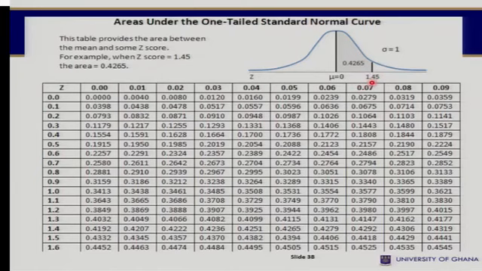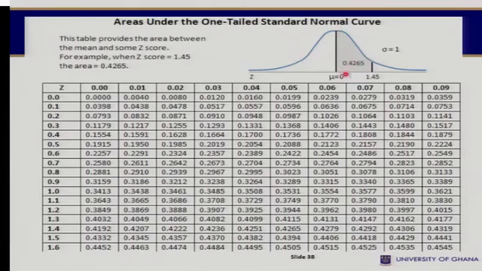So it tells you that the area under the curve, which is shaded, from z equal to 0 to z equal to 1.45 is equal to 0.4265. Note that the total area under this curve is 1.